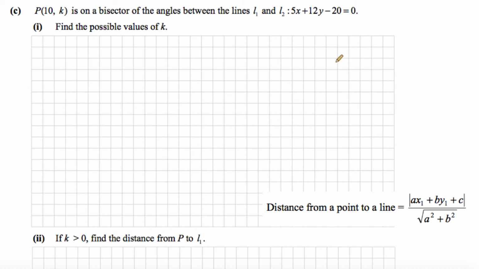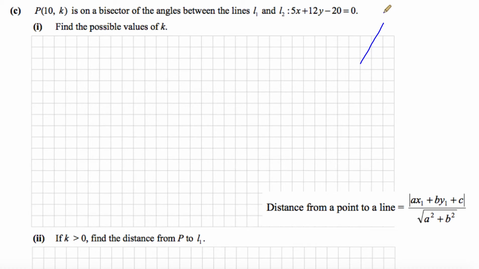Part C says P, again the same point, (10, k), is on a bisector of the angles between the lines L1 and L2, and they give us L2 here. So L1 was the line before, and we're asked to find the possible values of k. Alright, so, well, let's just think about this visually.